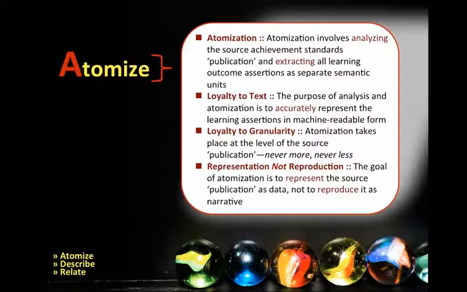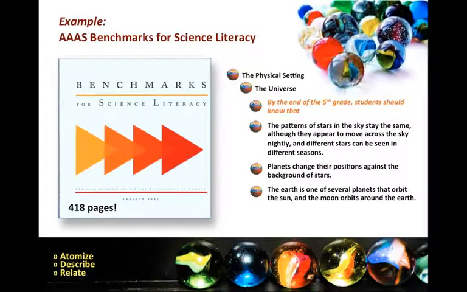So it's breaking out the semantic units, being loyal to the text, not exercising inappropriate levels of discretion in expressing it any differently than the original, and then recognizing that they are representing data, that the role here is for machines to be able to manage this representation. So it's not the original, it's data that has been derived from the original. And here we see this process in action.